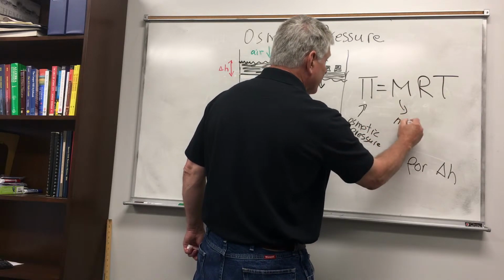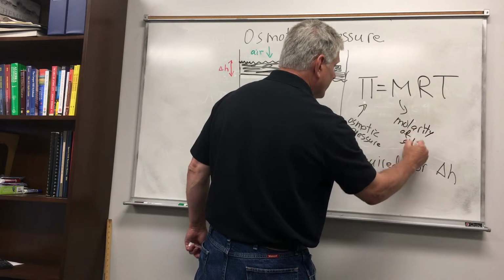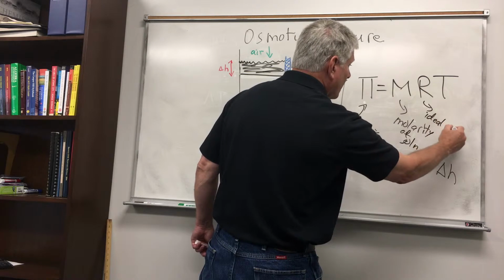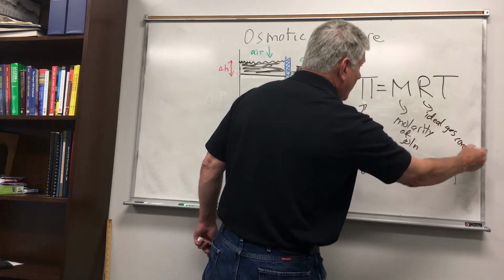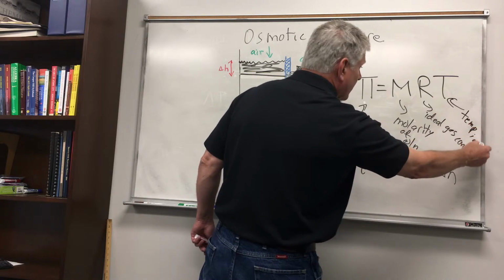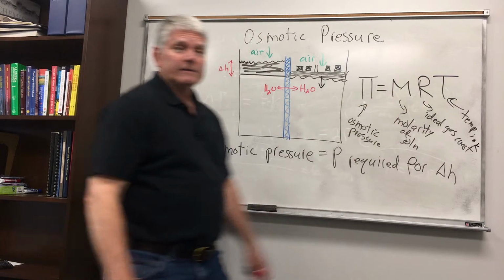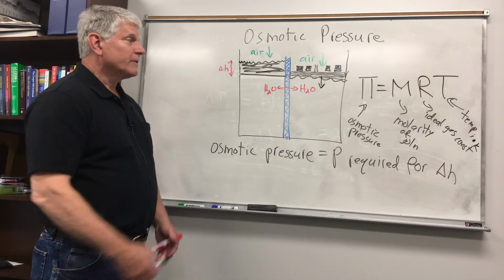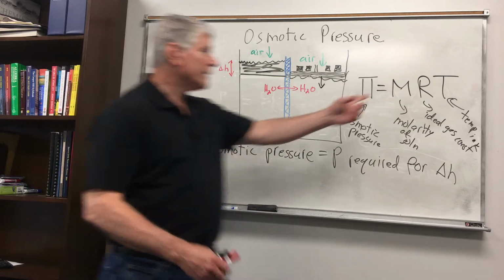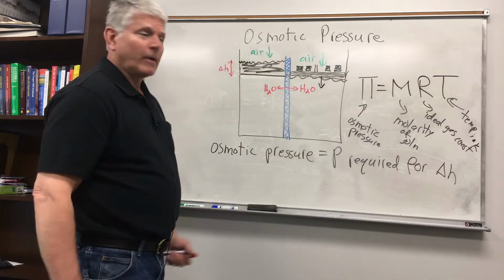This is the molarity of the solution. This is the ideal gas constant. And this is the temperature in Kelvin, because the ideal gas constant has units of Kelvin for temperature. So if we know the molarity of the solution and the temperature, we can calculate the osmotic pressure.